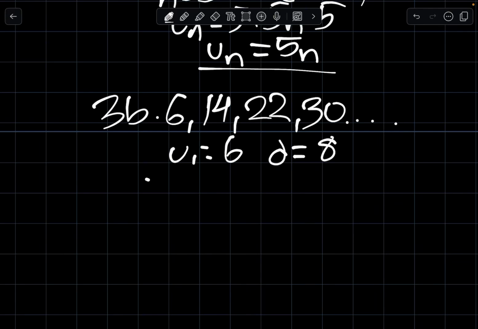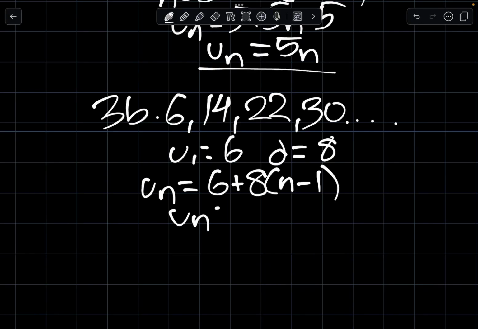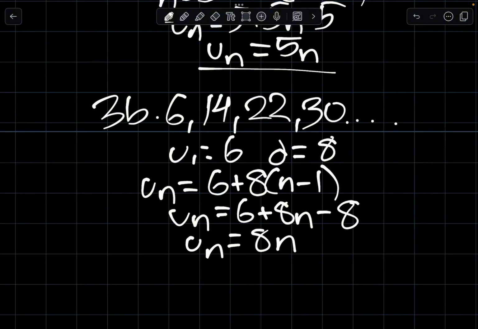So then we get u_n is equal to 6 plus 8(n minus 1). And here, let's just continue and simplify it even further. We get 6 plus 8n minus 8. And that gives us u_n is equal to 8n minus 2. So both of these ways are correct. They're just two different ways to write them.